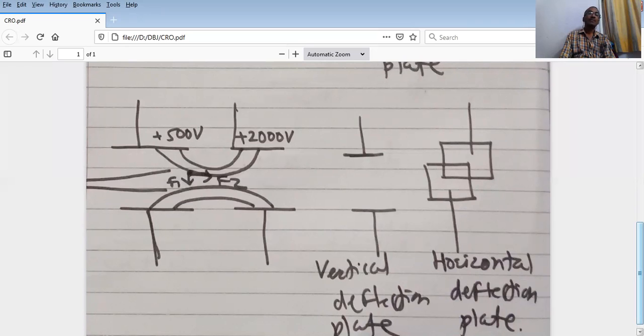Friends, that means in the CRT tube, which is used in the TV, we can generate a voltage of up to 2000 volts.